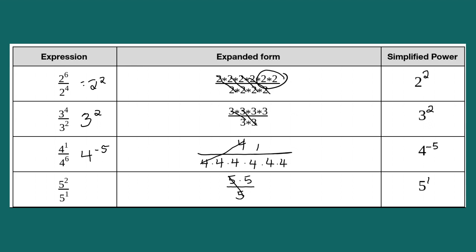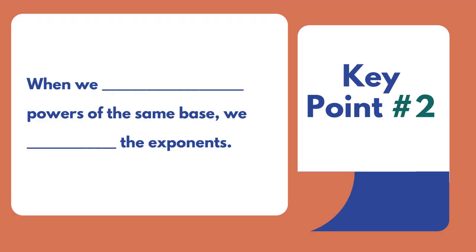And finally, 2 subtract 1 is 1, so 5 to the 1st power. So maybe you made this prediction before we looked at those examples, and maybe you said that when we divide powers of the same base, we will subtract the exponents.